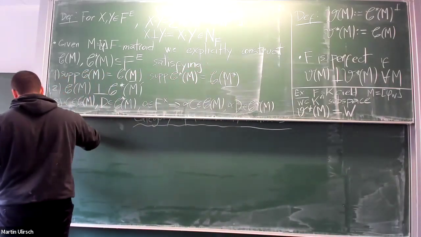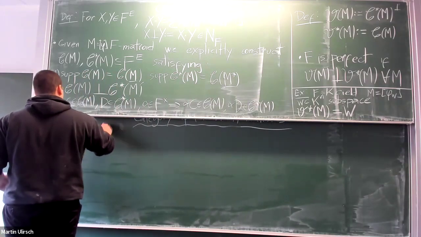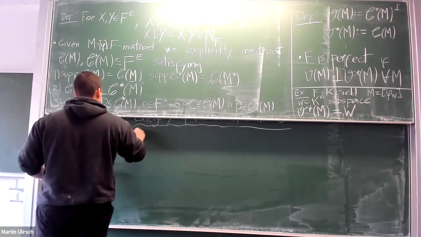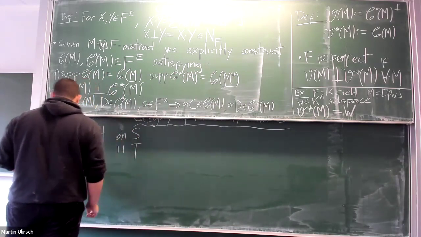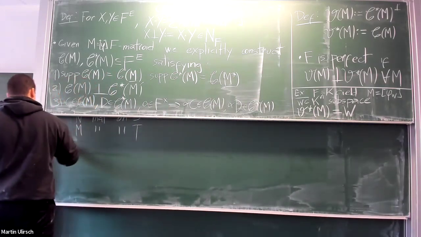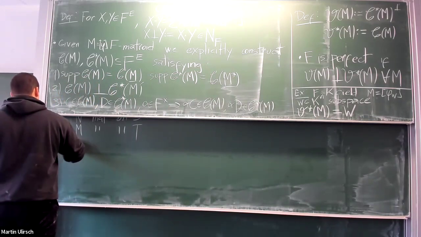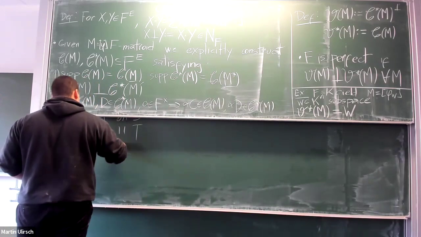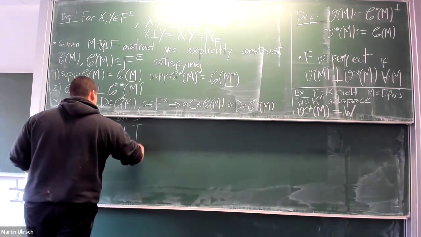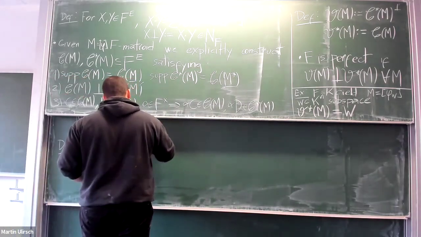So, in classical matroids, a matroid on a set S and the same on a set T. That's one strong map.